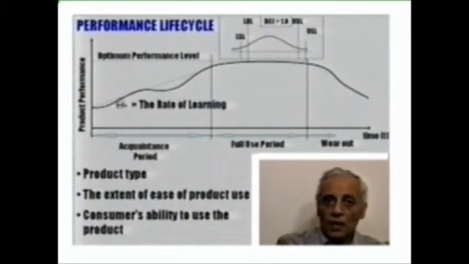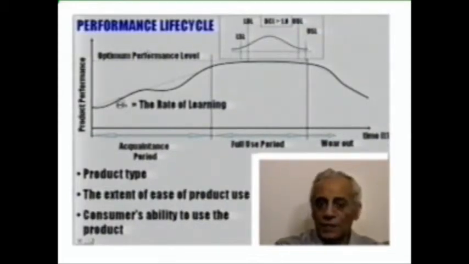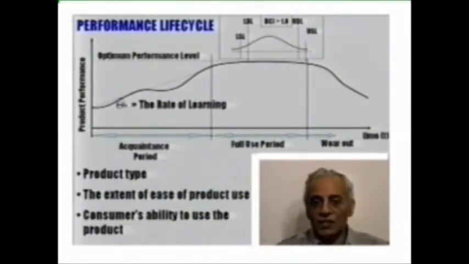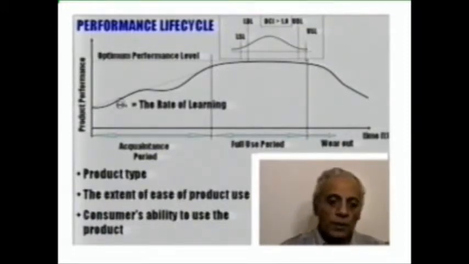All of these aspects, the acquaintance period and the full use period, are factors of the product type: how complex the product is, the extent of ease of product use, whether it is inherently complex and only sold to customers of a high level of qualification, or it is for household use and the like.